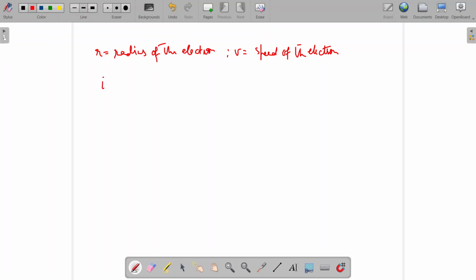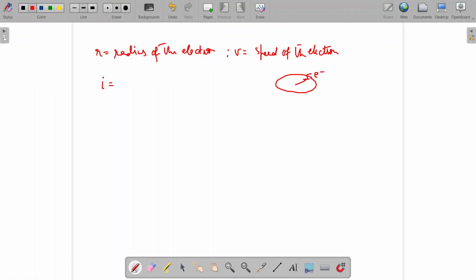The current I of the electron: what is current? It is basically charge flowing per unit time through a point. So imagine this is how the electron is going.